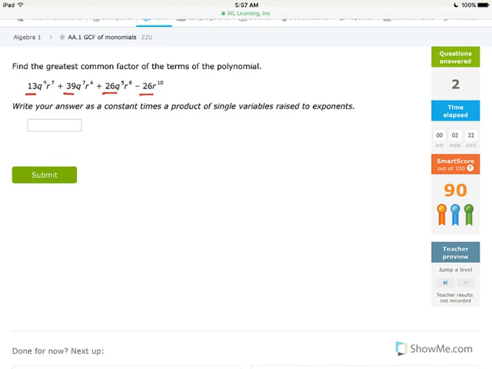So 13, we know what 13 is, a 13 and a 1. So 13 times 1. 39, that should be 3 times 13. 26 is a 2 and a 13.